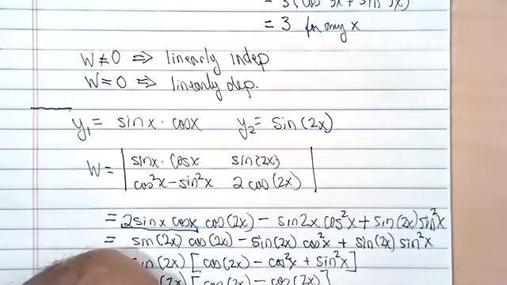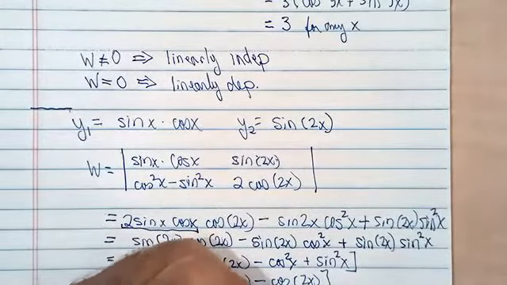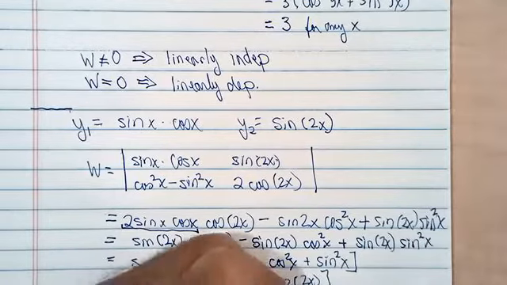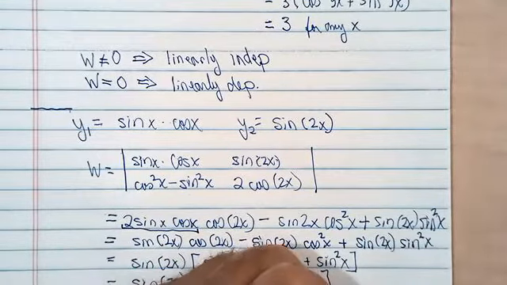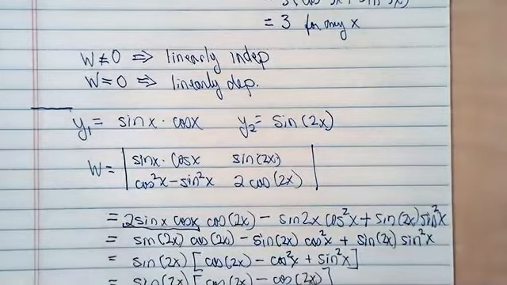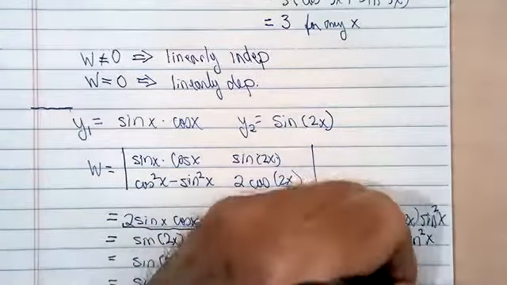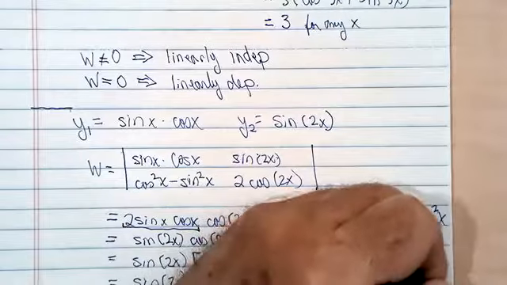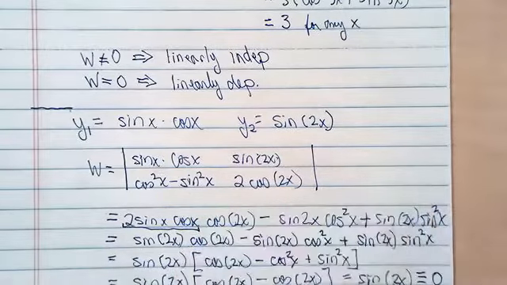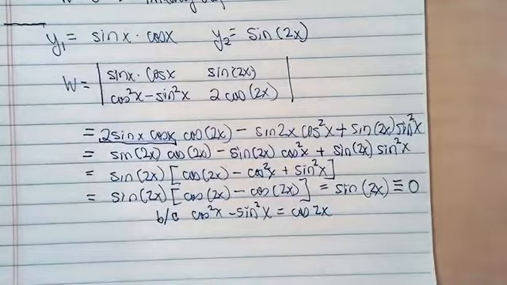Maybe I should put a note here, because cosine squared x minus sine squared x is cosine 2x. And so this thing is equal to 0. It's identically 0. By that I mean it's 0 all the time, not just for some special value of x. So that's the 0 function. So this is always equal to 0.